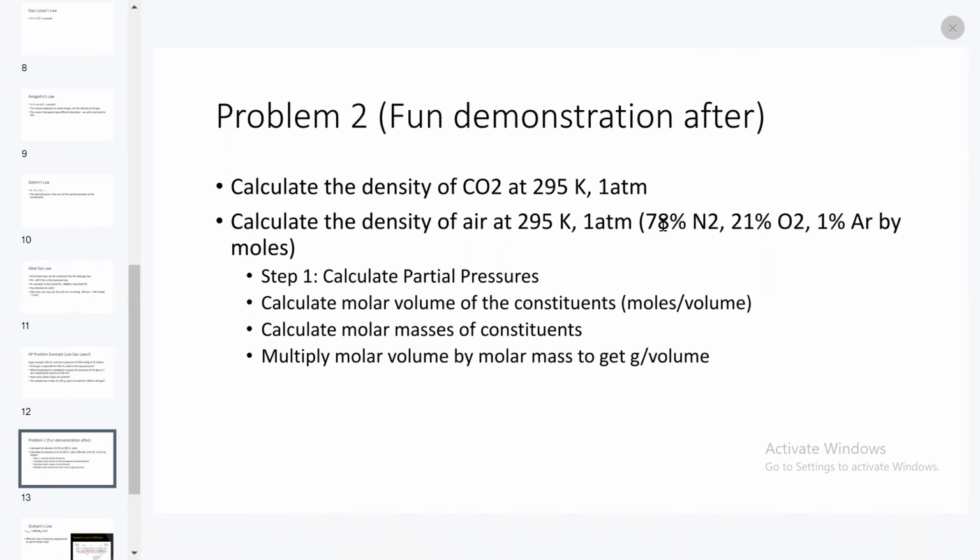So the mole fractions are 0.78, 0.21, and 0.01. If you want, you could ignore argon, okay? I'll give you 10 minutes to do this.